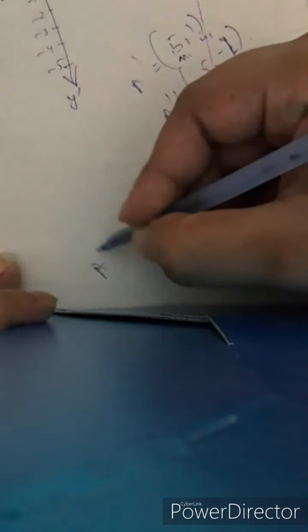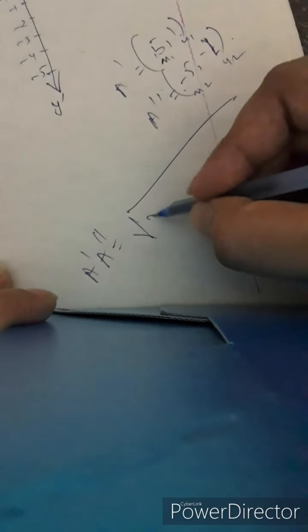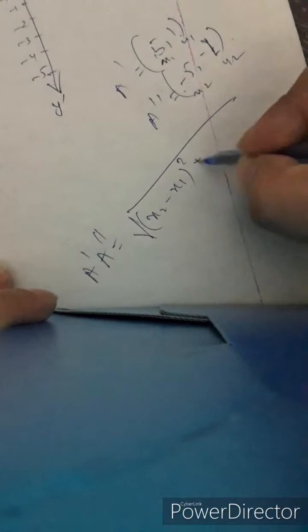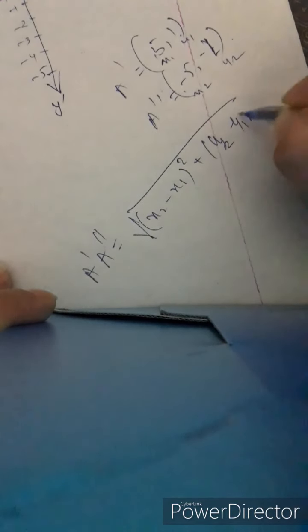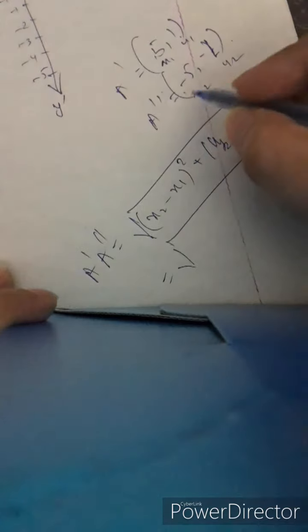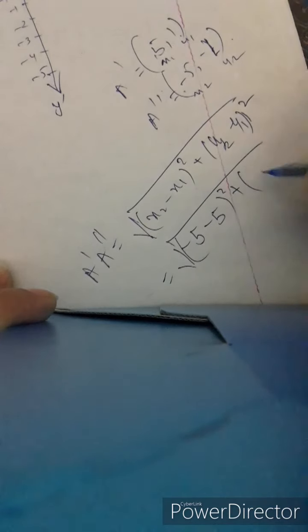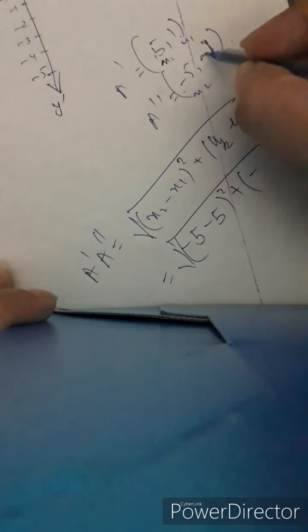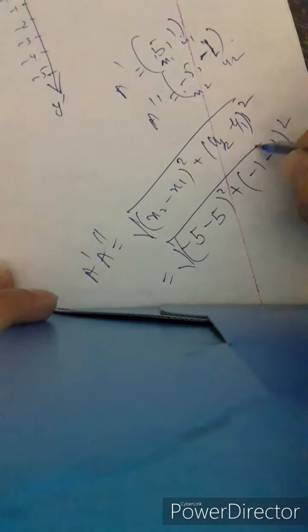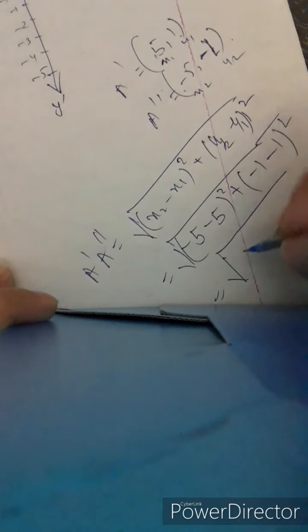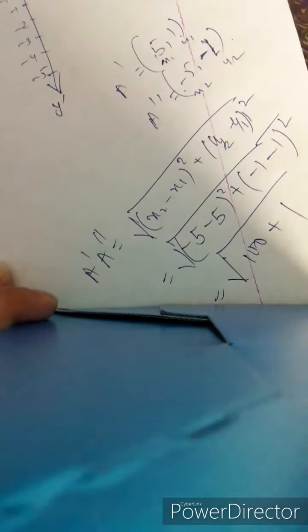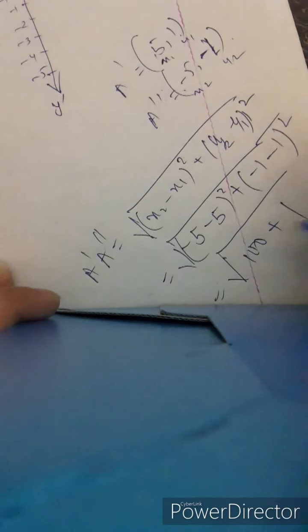Just put it in the distance formula: A dash A double dash equals root under x2 minus x1 whole square plus y2 minus y1 whole square. x2 is minus 5, x1 is 5, y2 is minus 1 and y1 is 1, whole square.